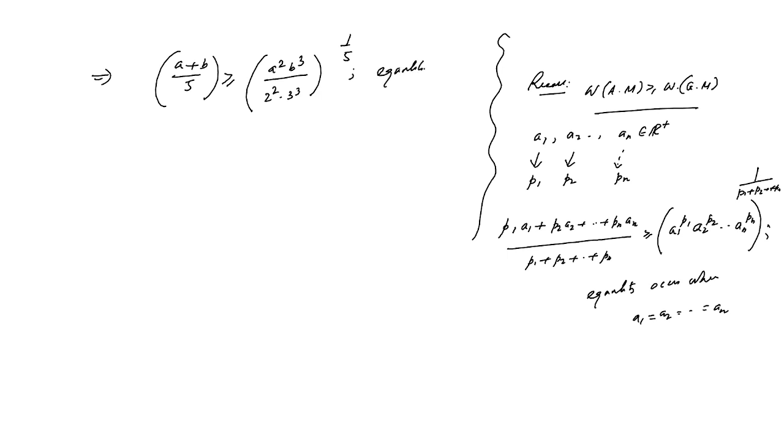And equality occurs when a by 2 equals b by 3, and that we can write as a plus b by 2 plus 3, that means 5. Okay.